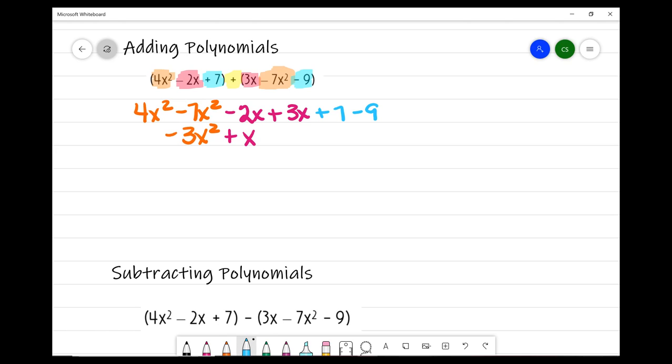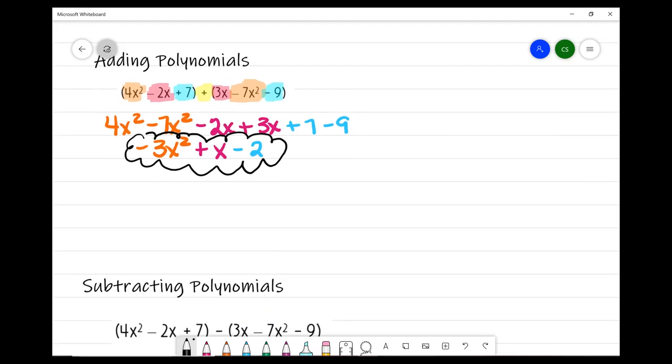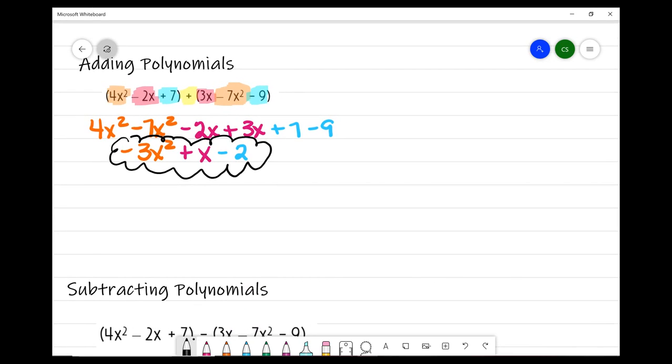And plus 7 minus 9 gives me minus 2. Notice after you have combined your like terms, you won't have any more like terms. Between negative 3x squared plus x minus 2, no terms are alike. Therefore, it's done.